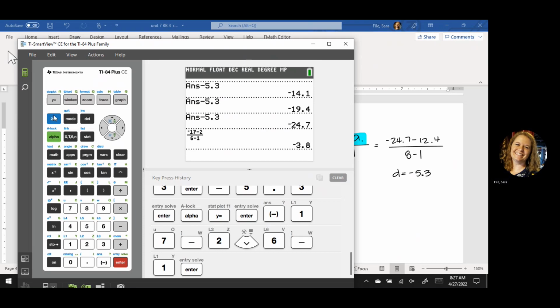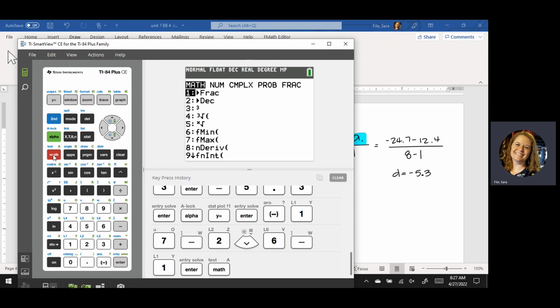If it gives your answer as a fraction, you can use it. It's fine. Or you can go to math, and right here, the first two are fraction and decimal. So if you want it to be a decimal, you hit 2, enter. And if it's given as a decimal and you want it as a fraction, you would hit the 1.